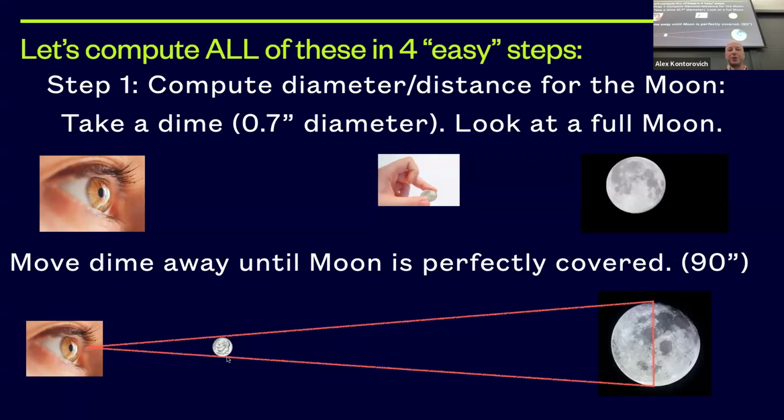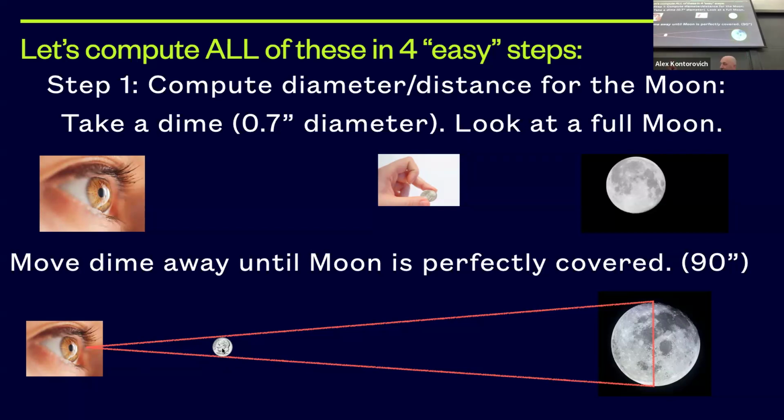What can you learn from these similar triangles? The ratio of the dime's diameter to the distance to the dime is the same as the ratio of the moon's diameter to the distance to the moon. Everybody see that? That similar triangle? The dime's diameter, I already told you, is 0.7 inches.